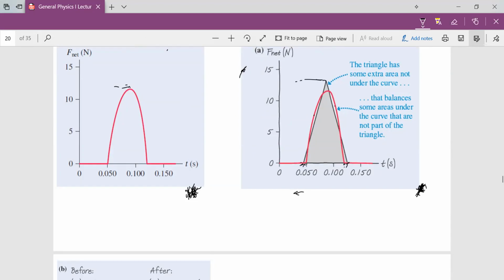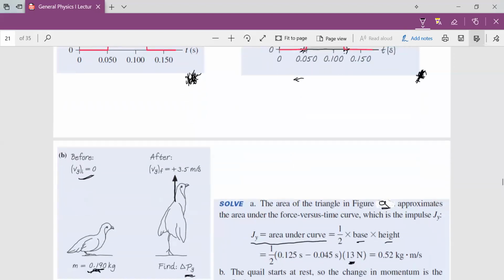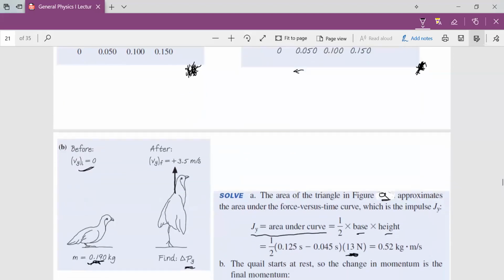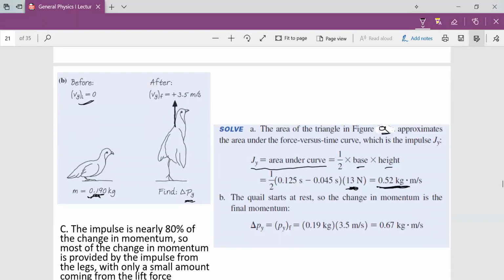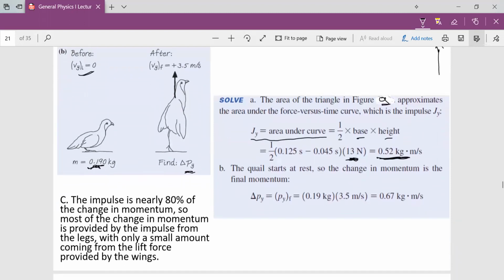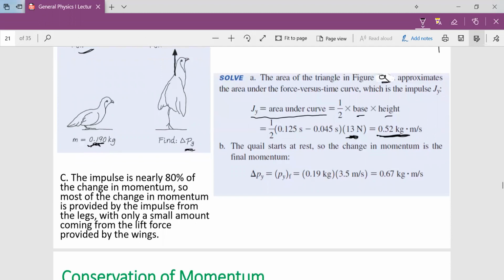We'll have 13 above half because it protruded beyond this. So that's how we got the 13 that we're using to get our momentum in the y direction. The momentum is going in the positive y, which gives 0.52 kilogram meter per second.